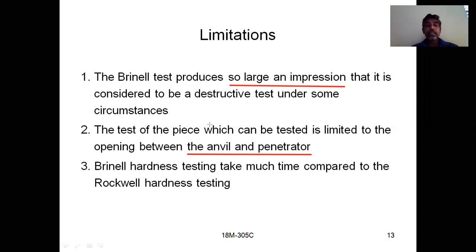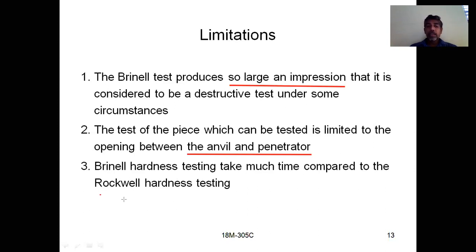So the second one is the test specimen. The test specimen has some size limitation, because we have to use a specimen that can be accommodated between the faces of the anvil and your indenter. And the third one is that Brinell hardness testing takes much time compared to Rockwell hardness testing.